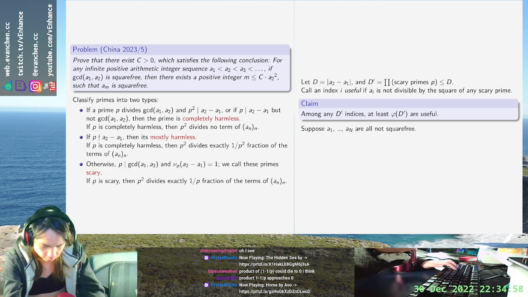So suppose these are all not square free.